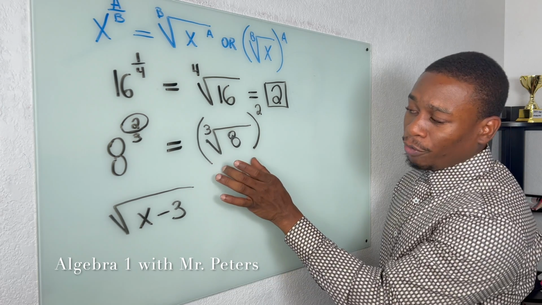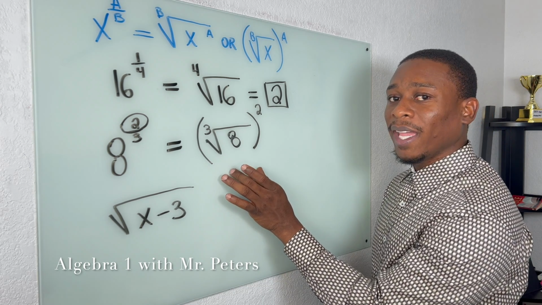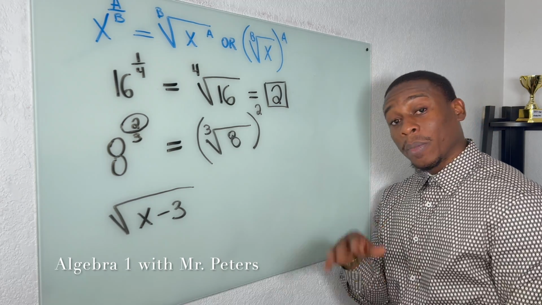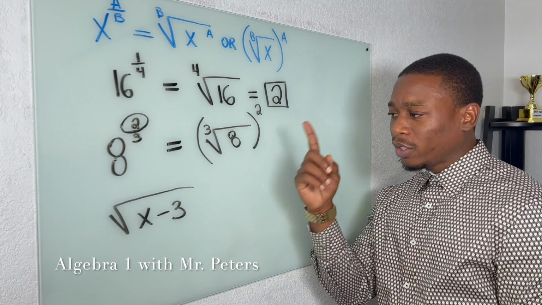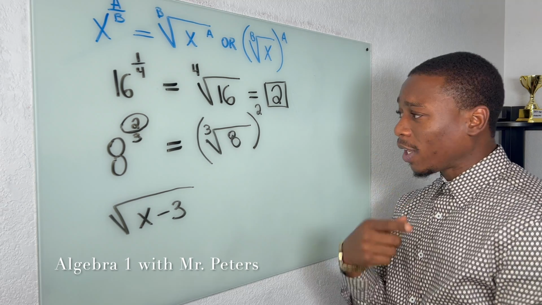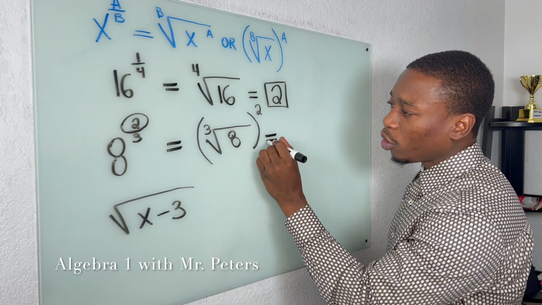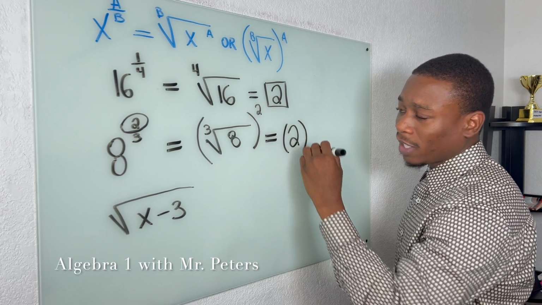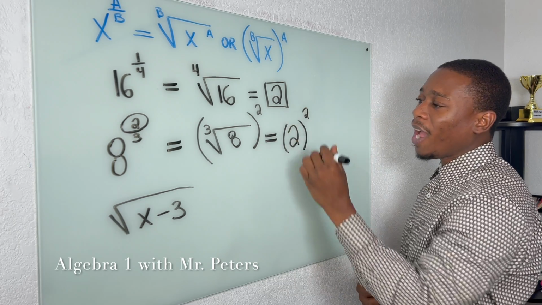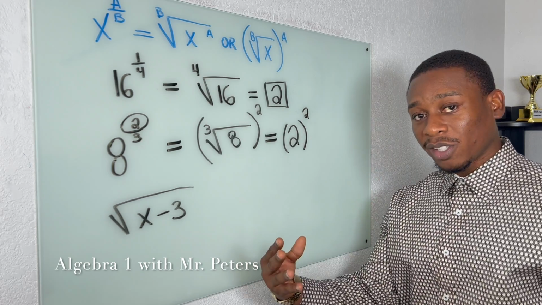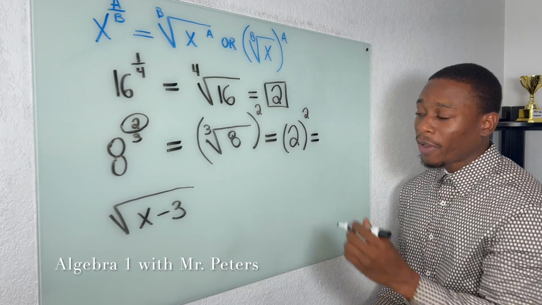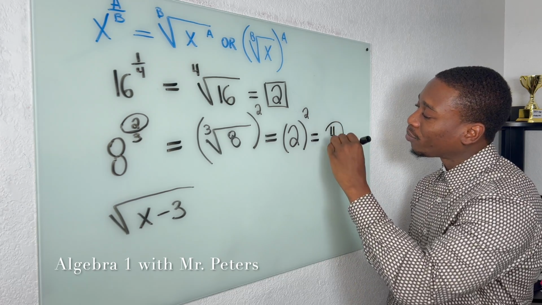They're saying that if we can find the cube root of 8, we need to take that answer to the second power. Luckily for us, we know that 2 times 2 times 2 will give us 8. So 8 is a perfect cube. So now my answer turns into 2, right? Because that's the cube root of 8. And then now we're going to square that answer, meaning bring it to the second power. So as a result, guys, my final answer should be 4.